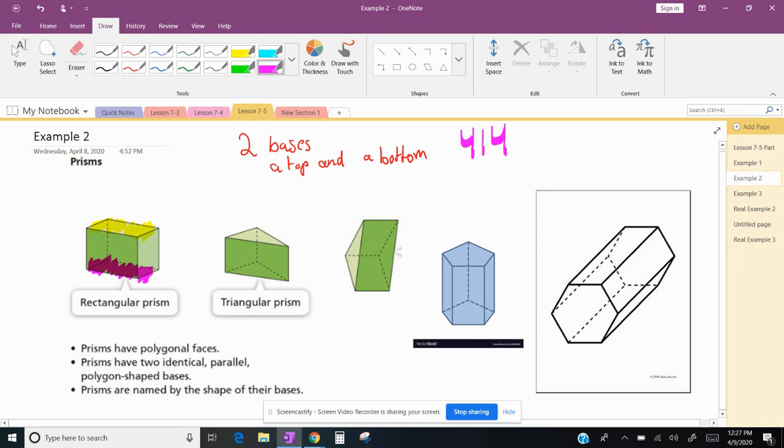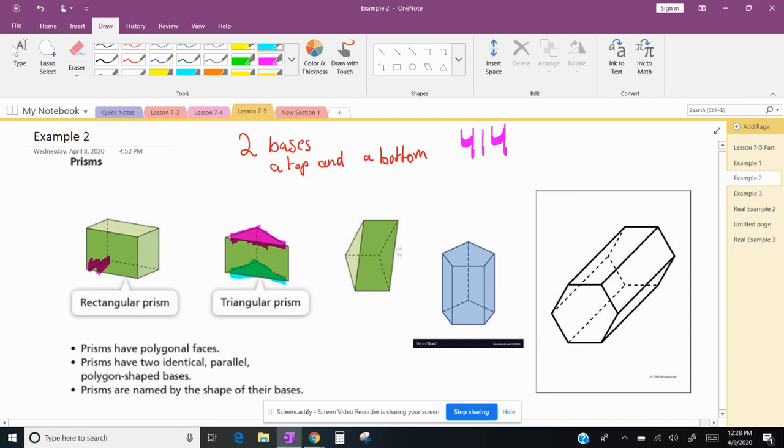And prisms are named after their bases. Because these bases are rectangles, we're going to call it a rectangular prism. Now, for this next one, this is a triangular prism, because if I look at the top base, right there, it's a triangle. And the bottom of it is also a triangle.